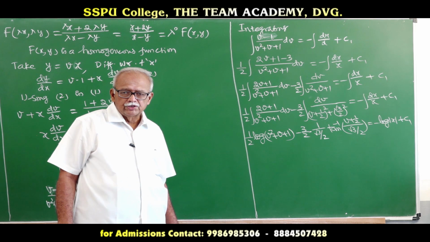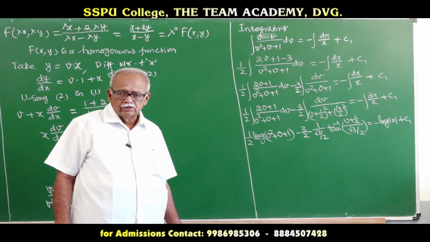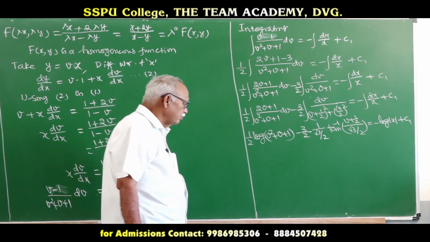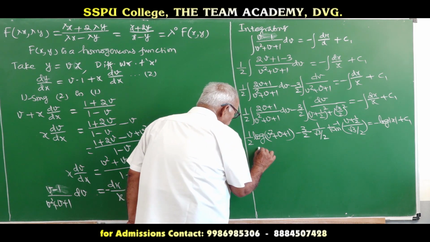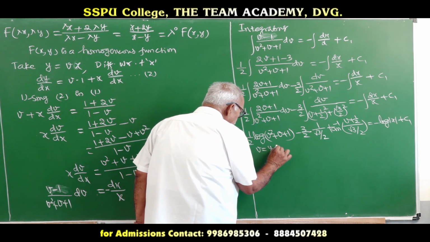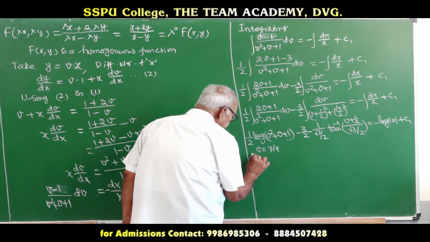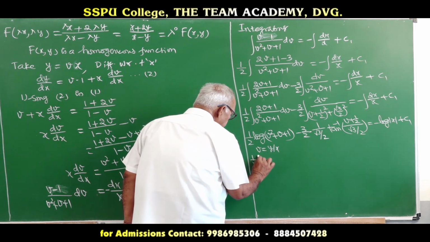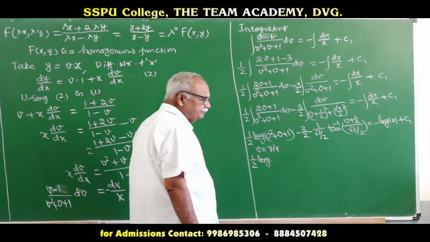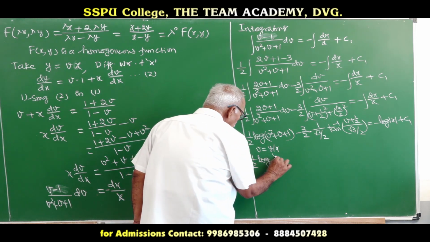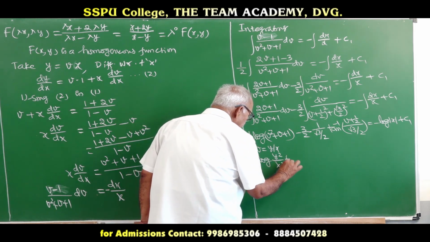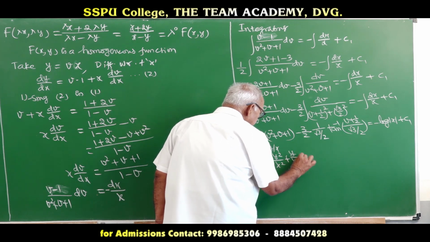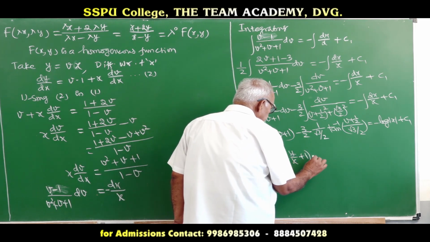Now we have to substitute for v, we have to substitute y by x. V is equal to y by x. So, 1 by 2 into log (y square by x square plus y by x plus 1).